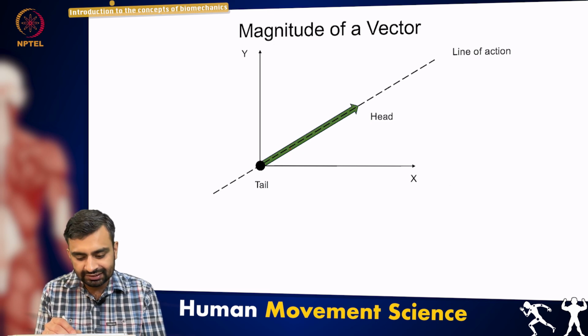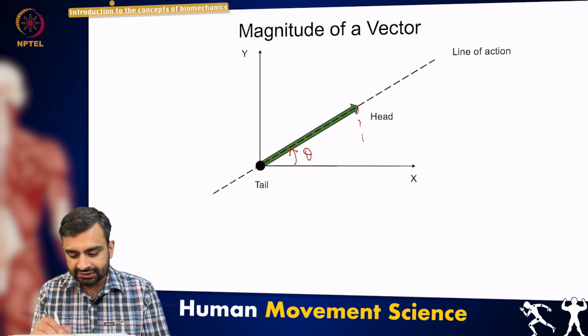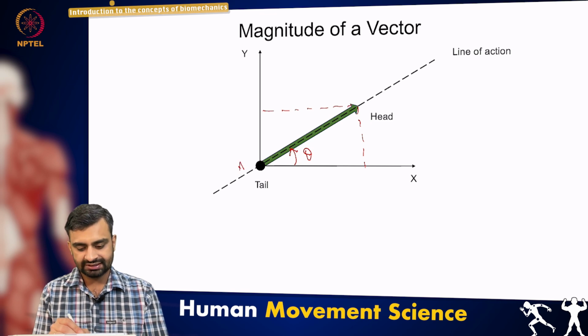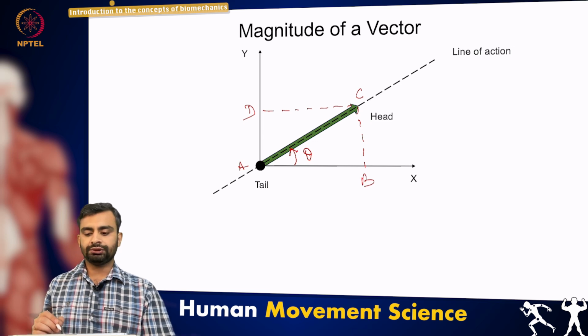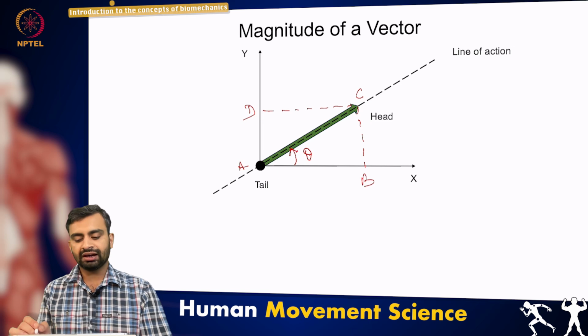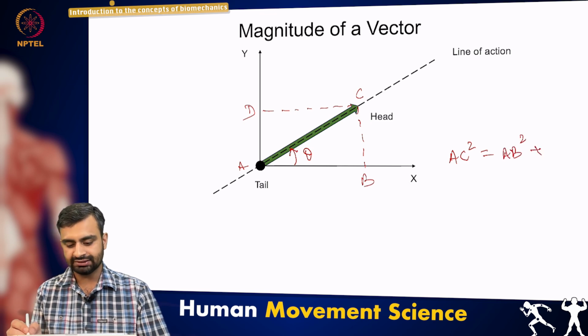In this, let's take the same example and same nomenclature. If this is A, B, C and D, we will try to find out the magnitude AC. Here we can use the Pythagoras theorem, which tells hypotenuse square is equal to base square plus perpendicular square.